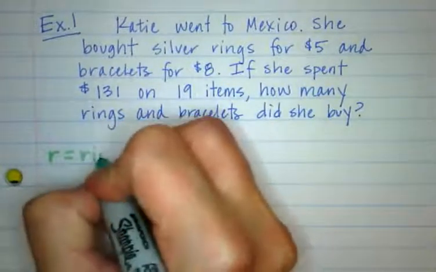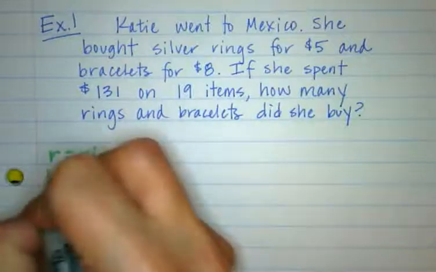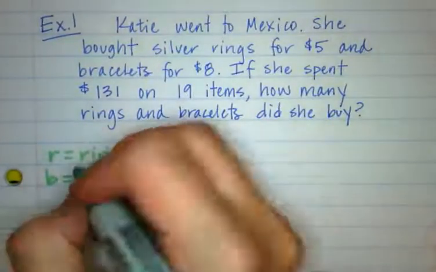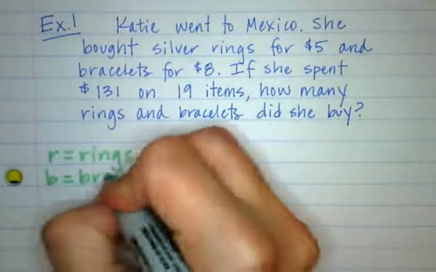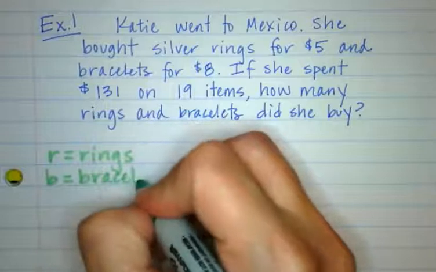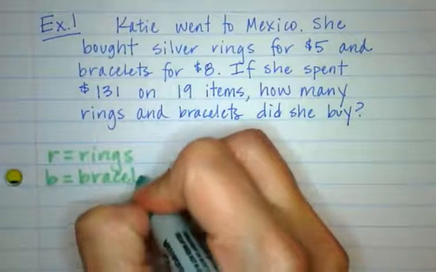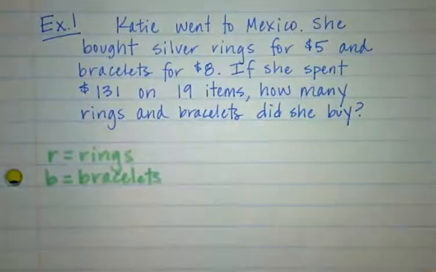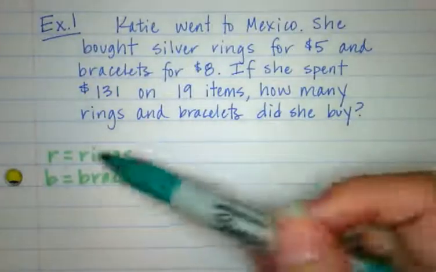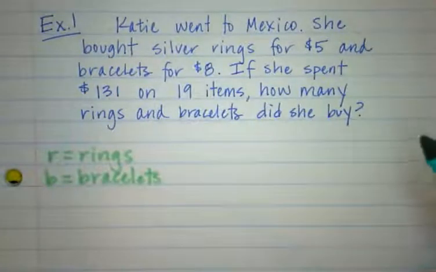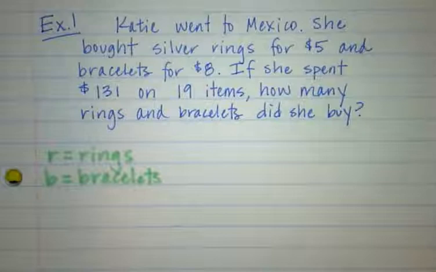Just to make sure that is understood, this is called defining the variable. R is going to represent the number of rings that she bought, and B is going to represent the number of bracelets she bought.